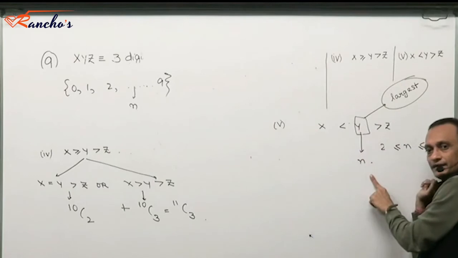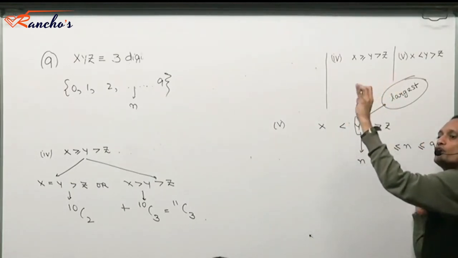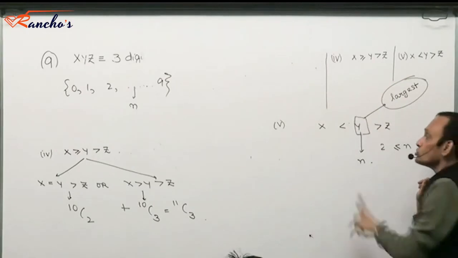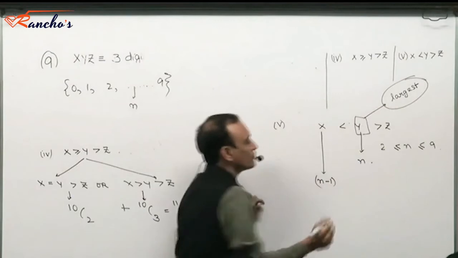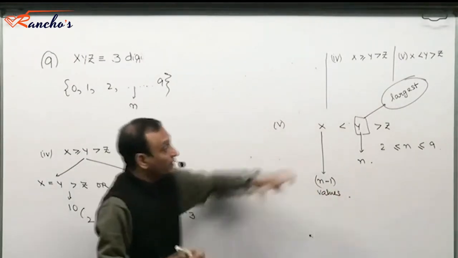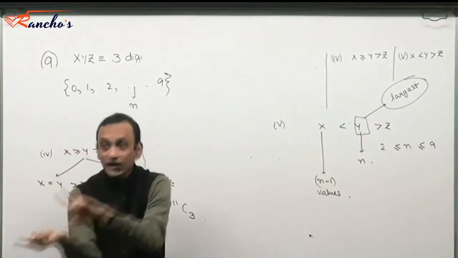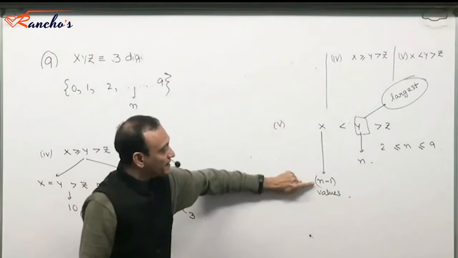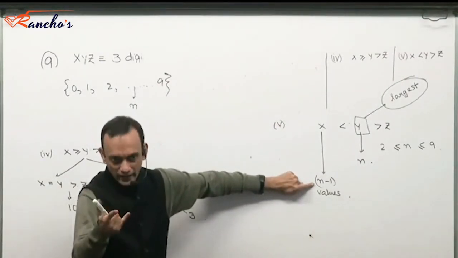So the permissible values of x are 1, 2, 3 up to n minus 1. So n minus 1 permissible values of x.